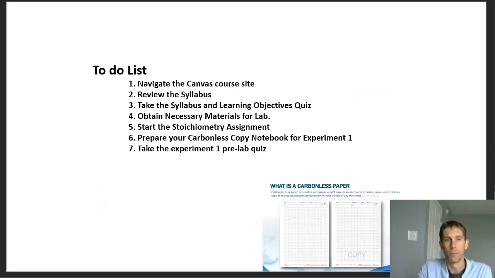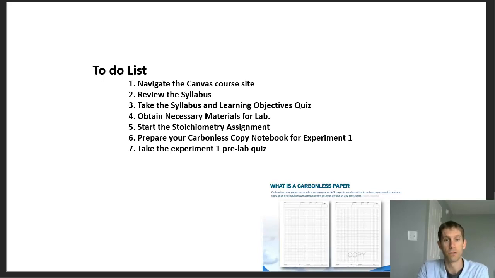For the lab, we're going to look at a Canvas course here very soon, but just a quick to-do list. The first is to navigate the Canvas site. We're going to look at that together in just a second, but that's the first thing you need to get comfortable with starting out the course. The next is to review the syllabus. We'll also look over the syllabus in this video.